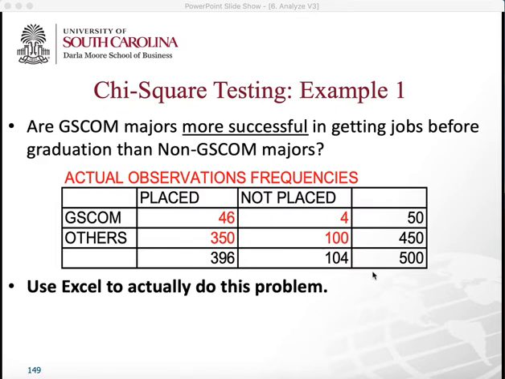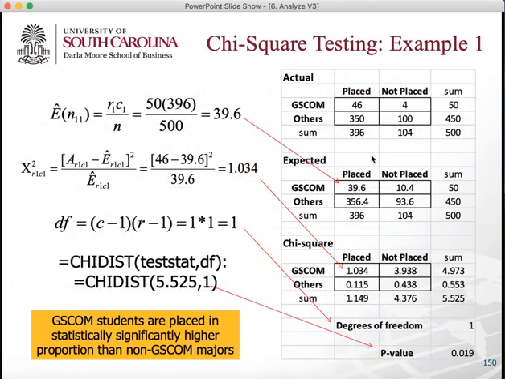And here we're just summing the quantities, right? The people that were placed and are GSCOM, people not placed in GSCOM, others placed, others not placed, right? So just putting the data here and the math here, the calculation, and you can put that in Excel as well to do this problem, okay? So these are the three tables that we need to do.